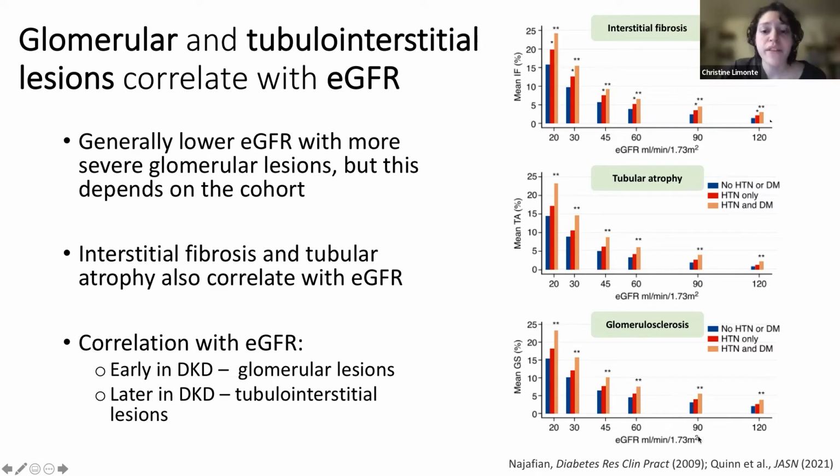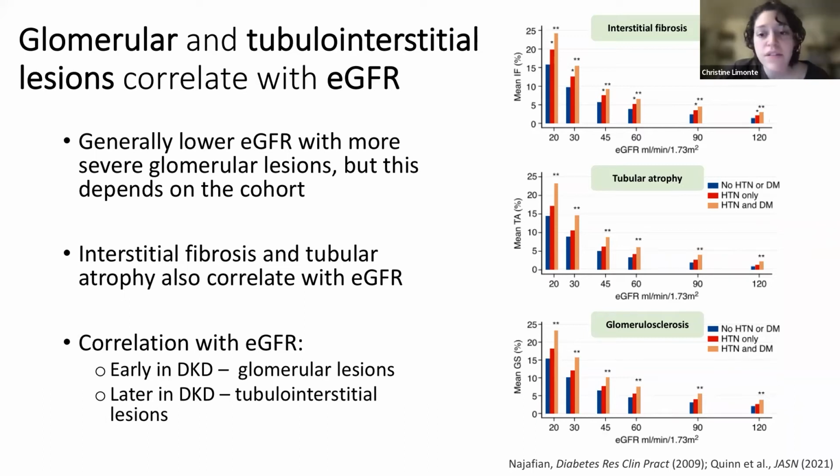Notably, those with hypertension and diabetes, the yellow lines here, consistently had more severe lesions across these compartments for any eGFR than those with hypertension alone, the red line, or without these conditions, the blue line.